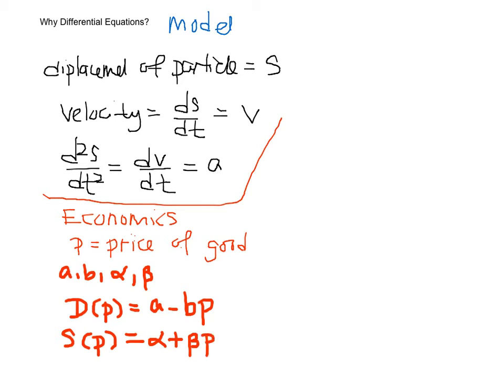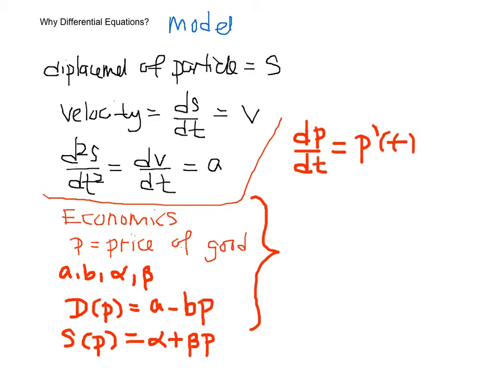So very often economists would like to know how fast the price changes in a particular period of time, and we can calculate this using these. What they want is the rate of change of price with respect to time, and for ease of writing it, we sometimes write P prime of t.